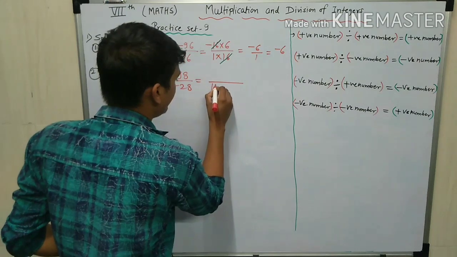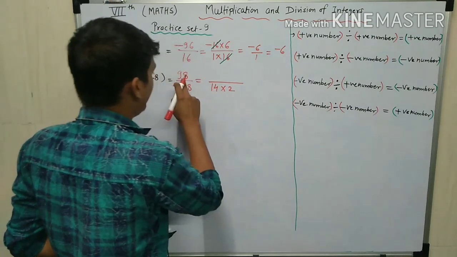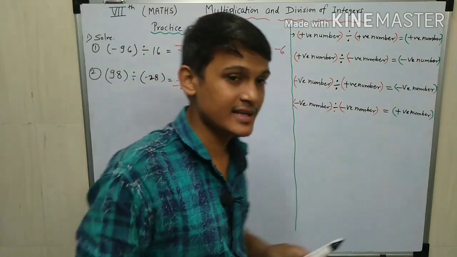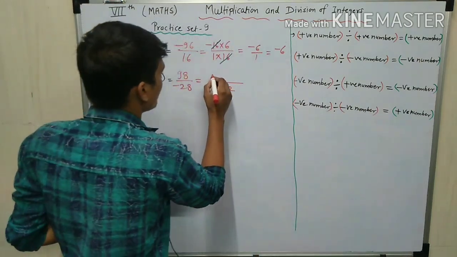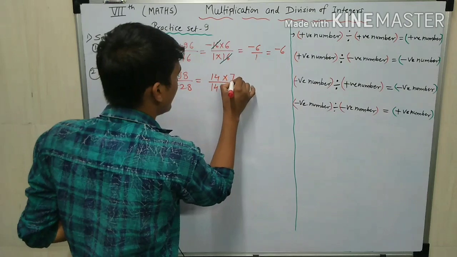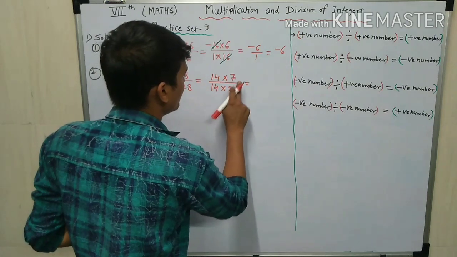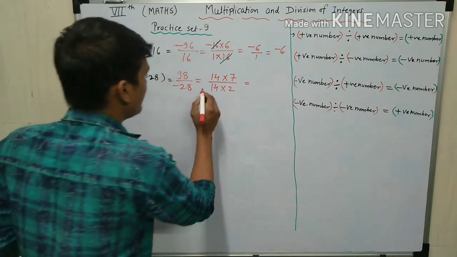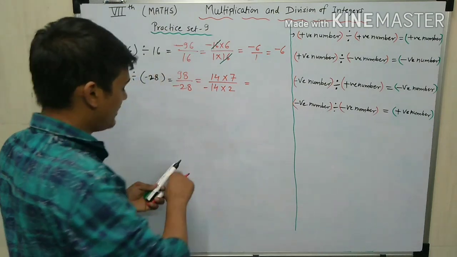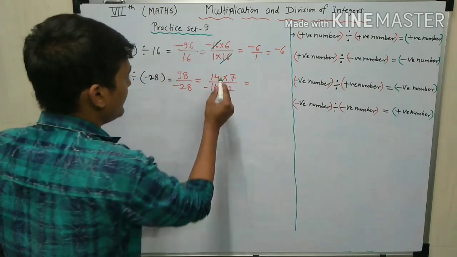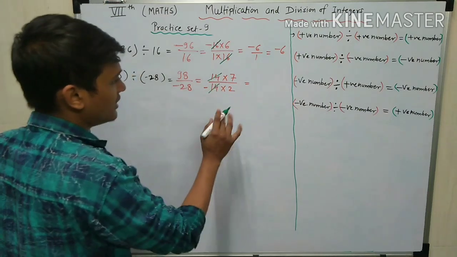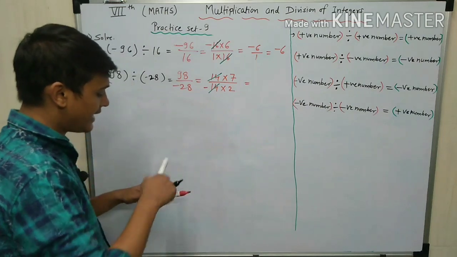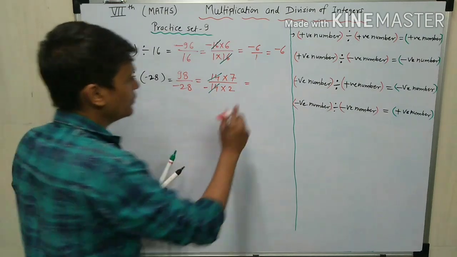We can write here 14 into 2, and the second is 98, means what? 14 sevens are 98, so 14 into 7 is equal to. We can see here there is sign minus, we can write here minus. Now the 14 upon 14 is cancelled, what we get here? 7 upon 2. We can write here 7 upon 2.